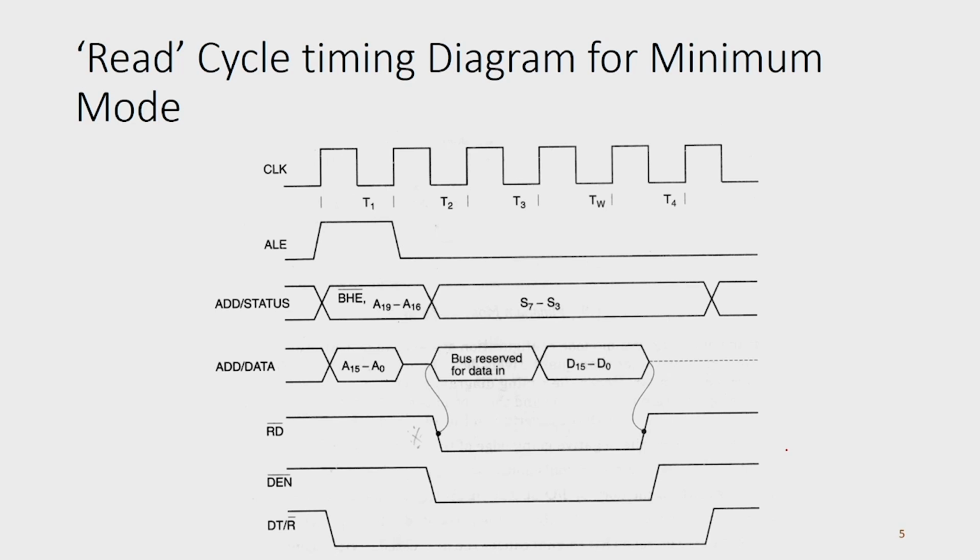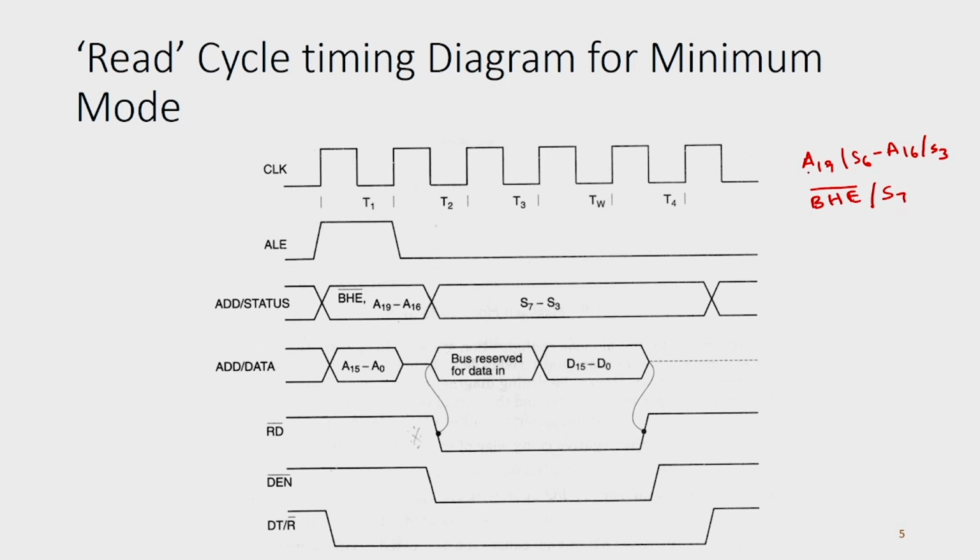As I told, the status signals S6 to S3 are multiplexed with A19 to A16. Similarly, there is one more status signal S7, which is multiplexed with the bus high enable signal. I will come to the function of this bus high enable.